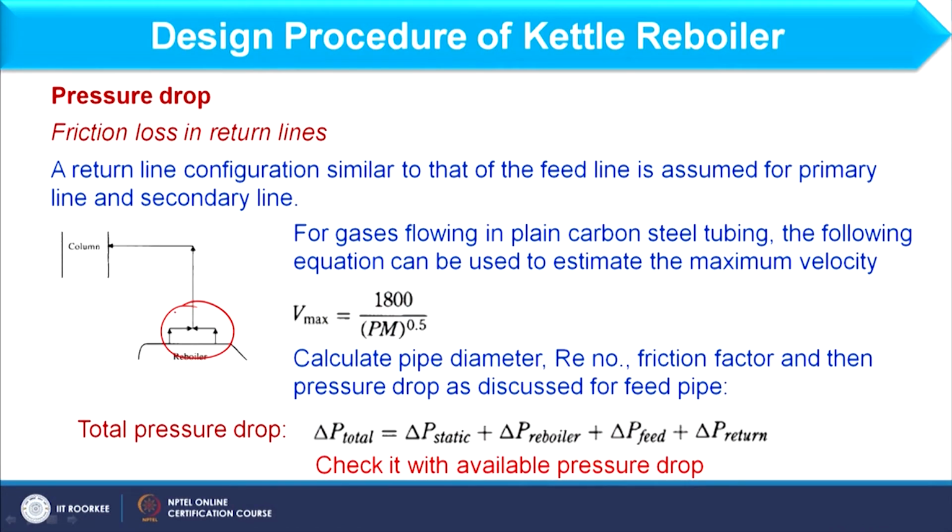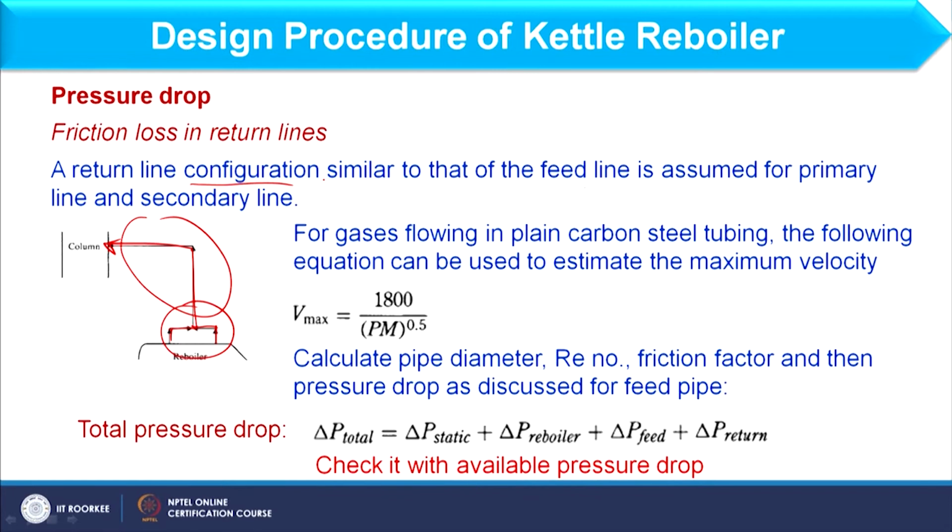As we have discussed the friction loss in the feed line, we will further discuss the friction loss in the return line. As far as the return line is concerned, again we have the nozzle from which vapor exits and it combinedly enters into the column. So, this is basically the return line.